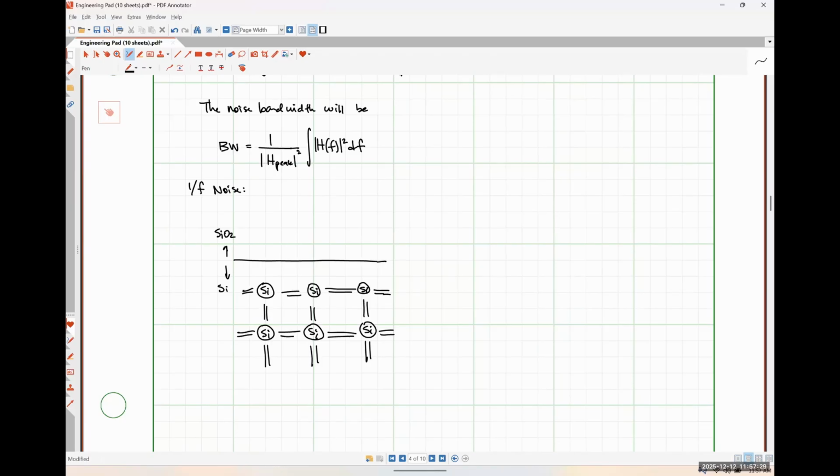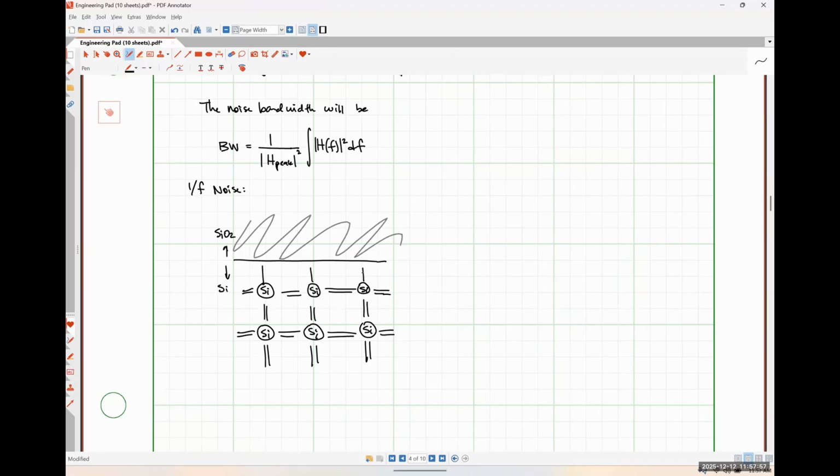Up above here, I'm just going to draw some scribbles in gray. This represents amorphous silicon dioxide. Silicon dioxide, unless it's grown specifically to be quartz crystal, isn't going to have any periodicity or anything like that. So we have broken covalent bonds that are constantly looking for another electron to fill them up.